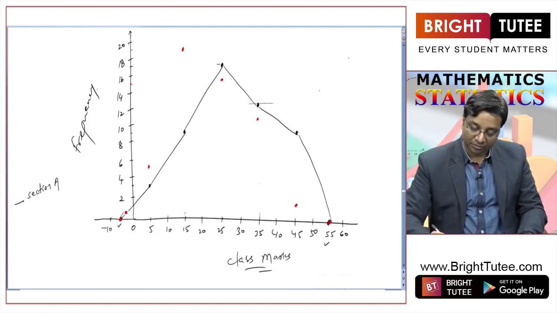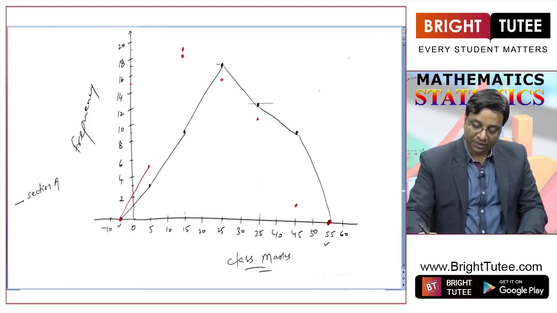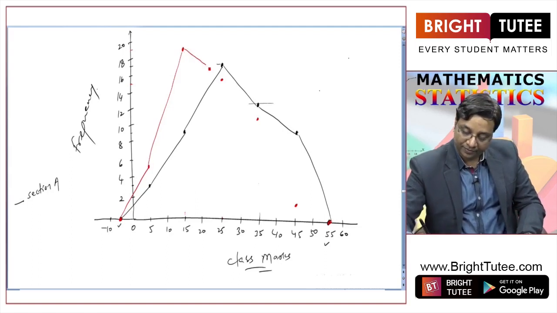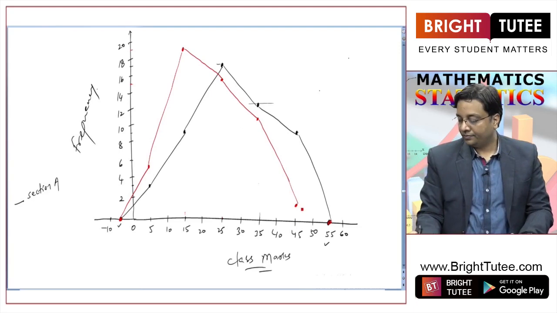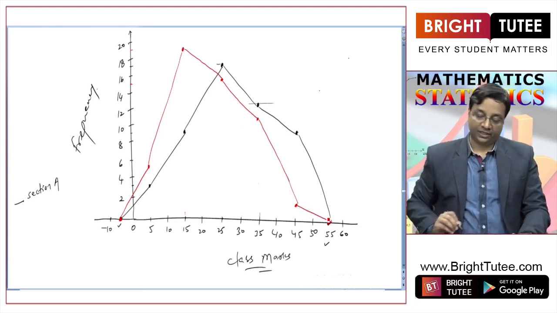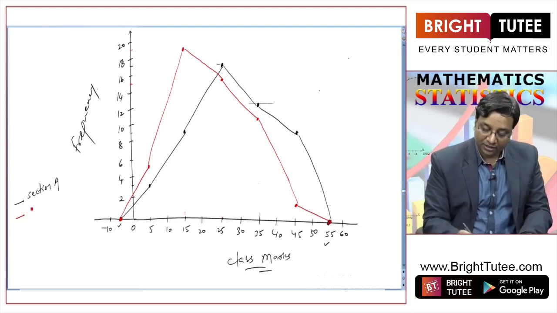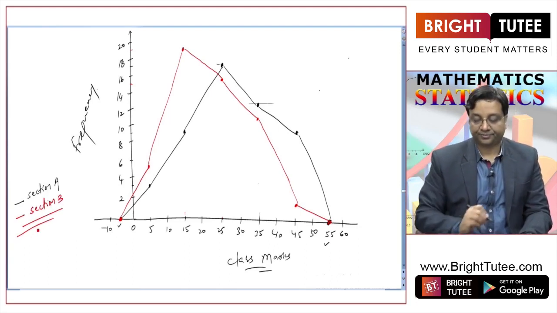So we will join these points to give the performance graph of section B. Right, so this color is for section B.